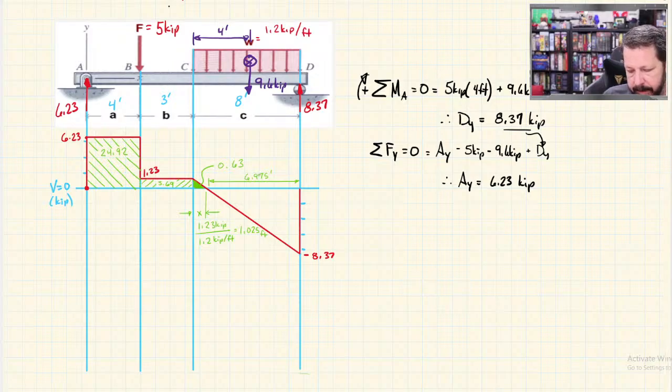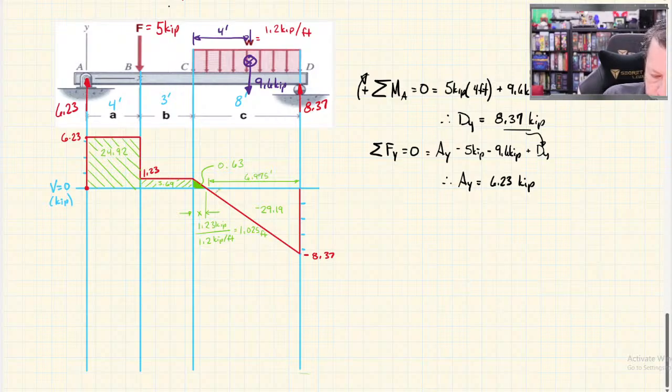Don't forget to divide by 2. 29.19. But it's negative. And that would be for this triangle. You do not have to shade them in. I'm just trying to make it as clear as possible on what is what.